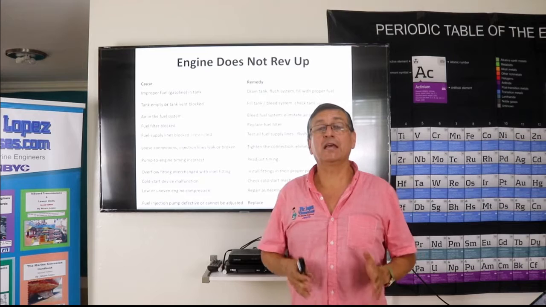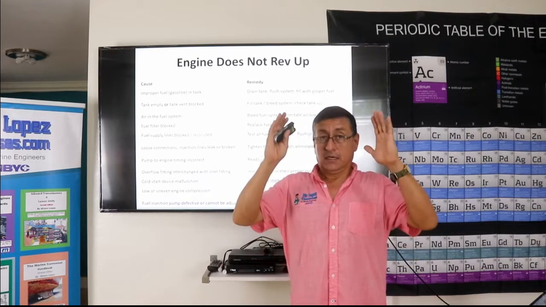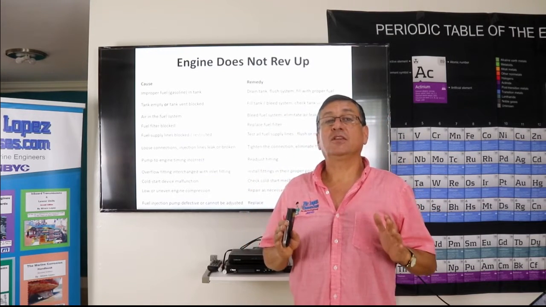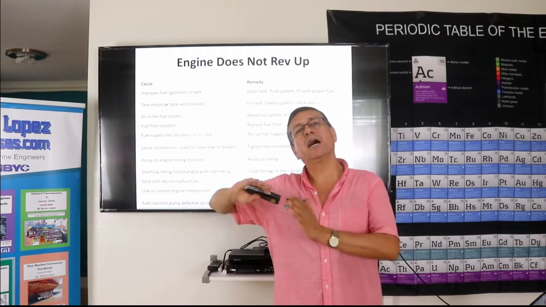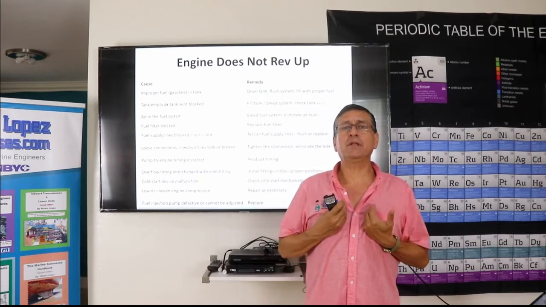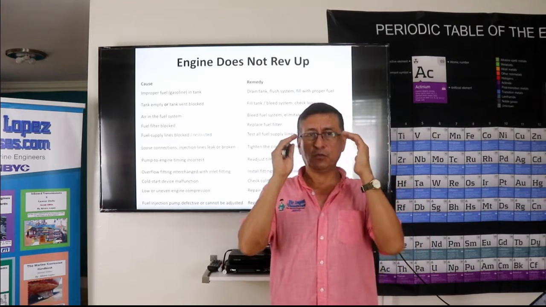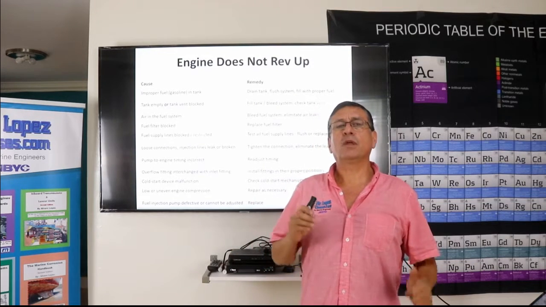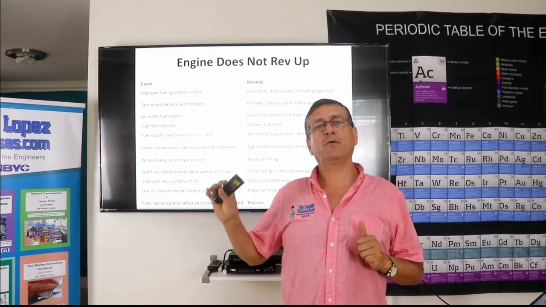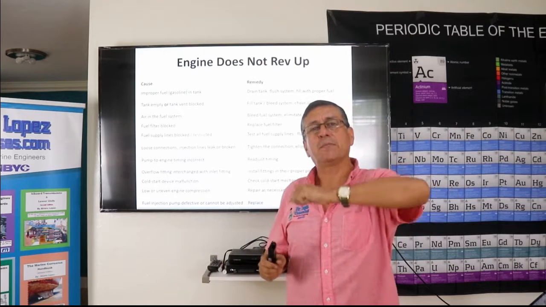It's not complicated. The only thing you need is to isolate the problem, identify if the problem is in the low pressure side or in the high pressure side. If the problem is in the low pressure side, we are going to concentrate on the primary and secondary filters, and on the power for the low pressure pump and the priming pump.